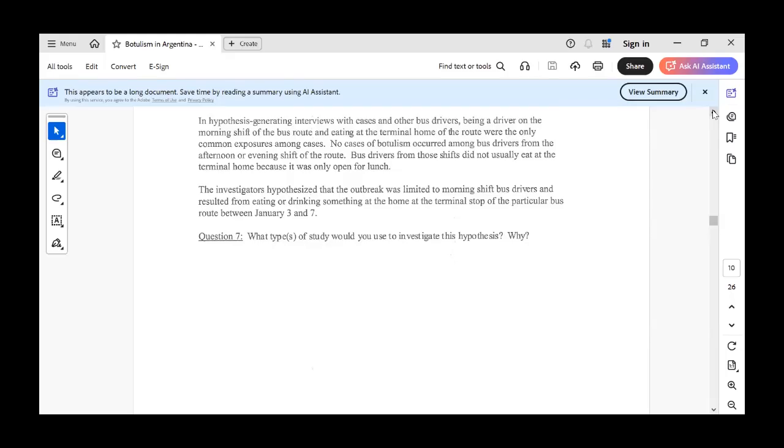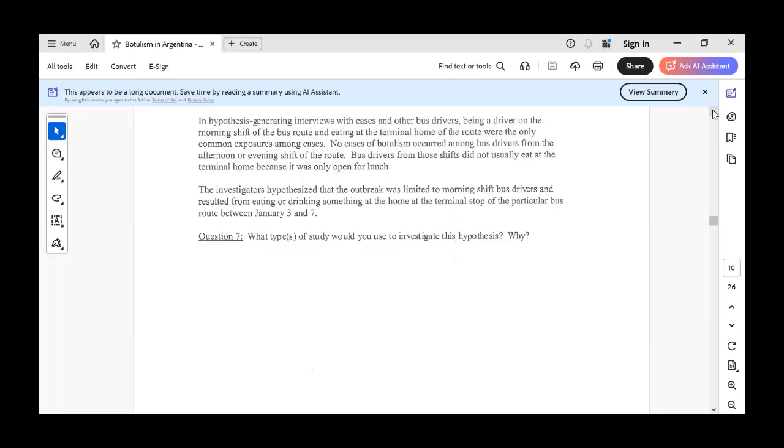So as you said, we have cases, persons who were ill and persons who did not become ill. So we could do a case control study to test our hypothesis. Is there any other study design we could use? Retrospective cohort as well then.